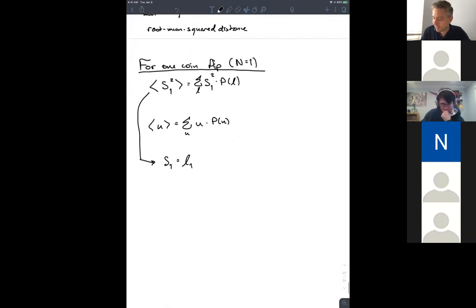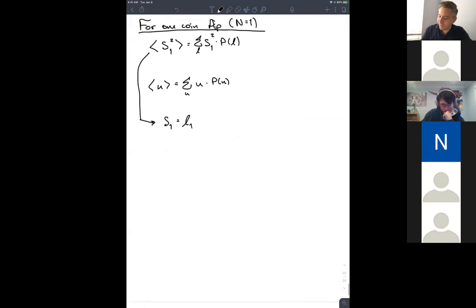Okay? So when we calculate this sum, S1 squared times P of L, then we have to sum over L equals plus or minus 1. Okay, so in other words, this is the sum of L squared P of L for L equals plus minus 1, right?